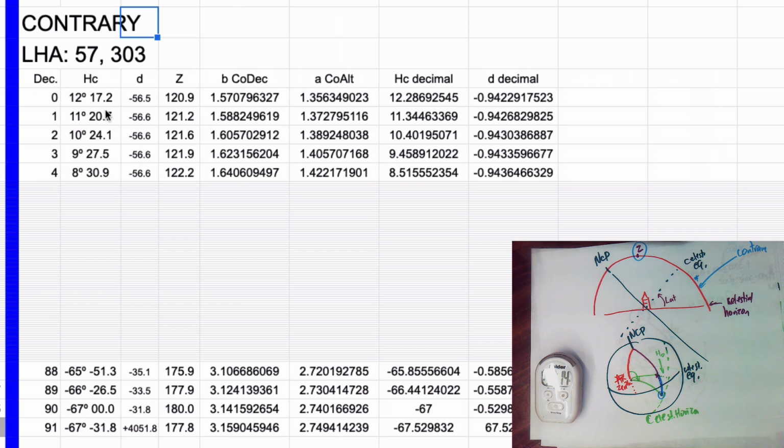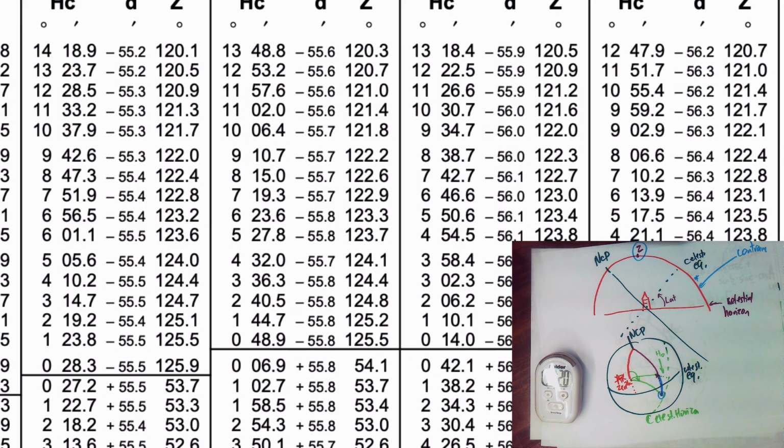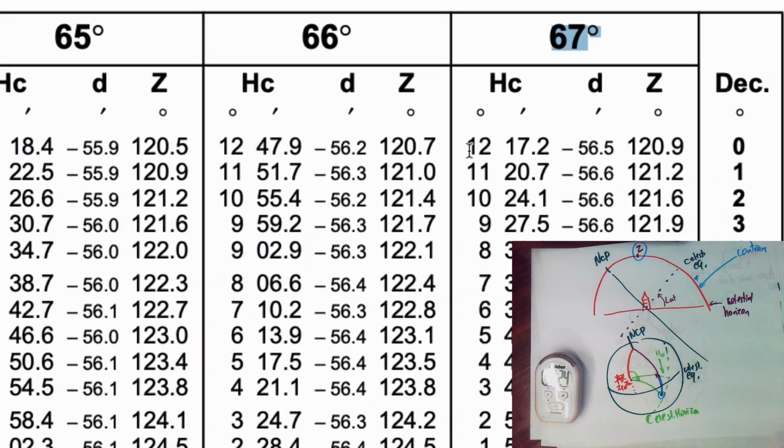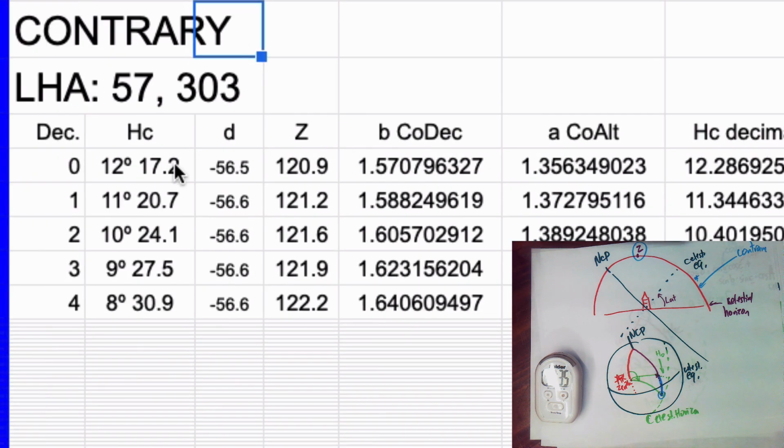What we're going to be focused on is whether or not the first couple lines of our table are accurate. I'm not going to copy and paste it, but basically what we're looking for is 12 degrees 17.2 minutes, a negative 56.5, 120.9 azimuth. And we see exactly that. Okay, so I'm psyched.